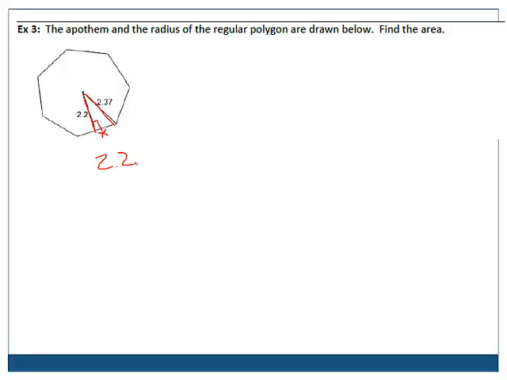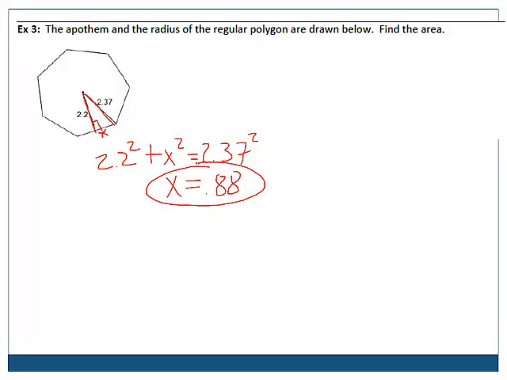So I got 2.2 quantity squared plus x quantity squared equals 2.37 quantity squared. When I solve for x, I get 0.88 for part of my side length. Remember, to get the entire side length, I have to multiply that by 2, which gives you 1.76 is the entire side length.